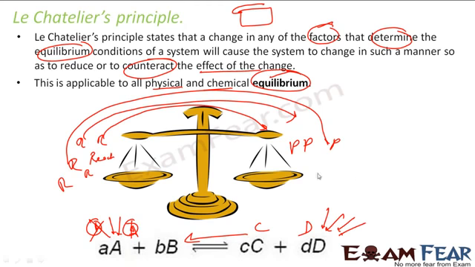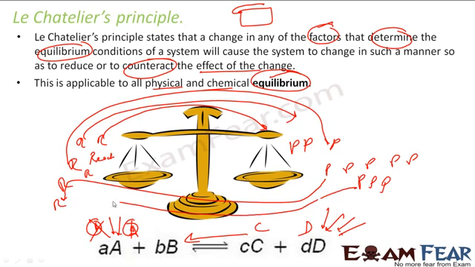Now if you add more products, suppose 8 moles, this product will react in this direction and create some reactants. Not all, but some of them.